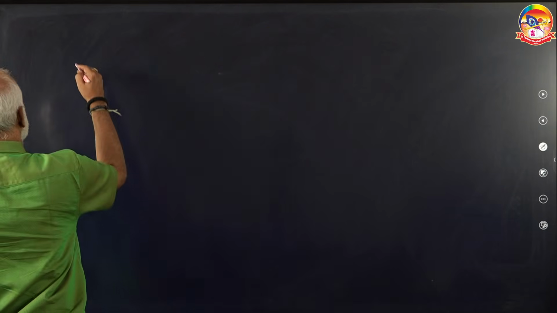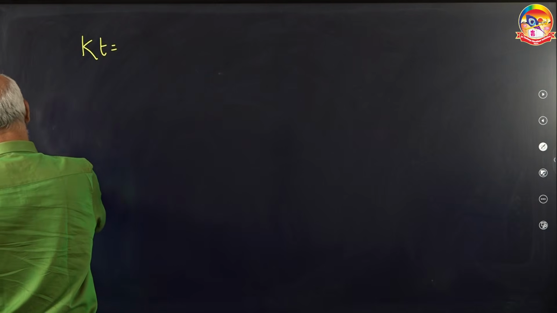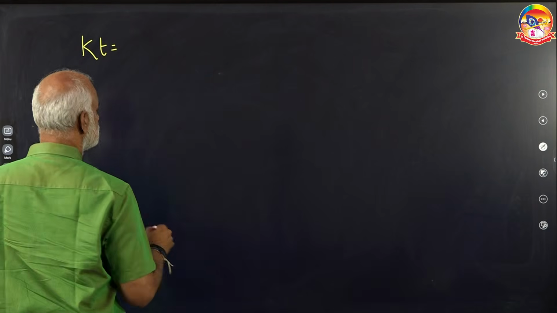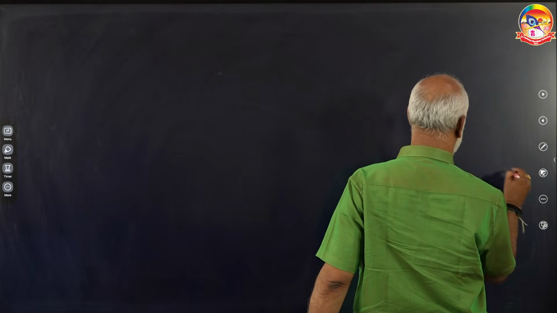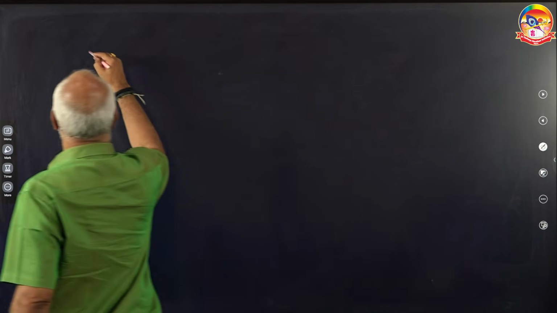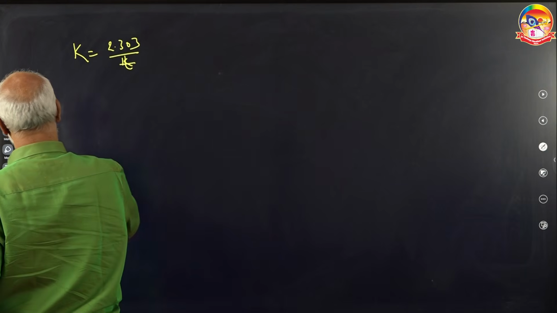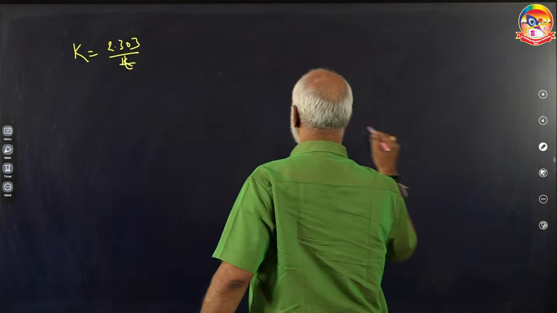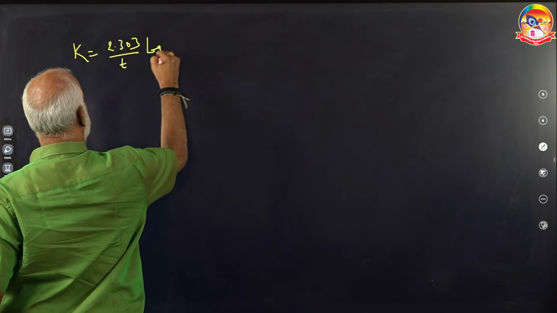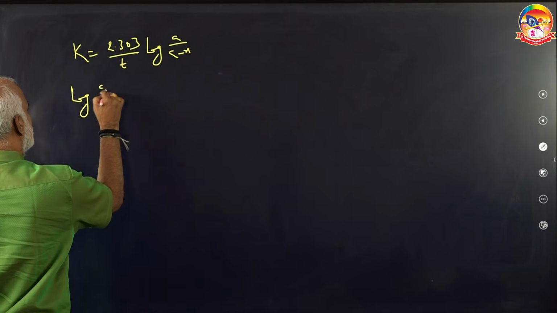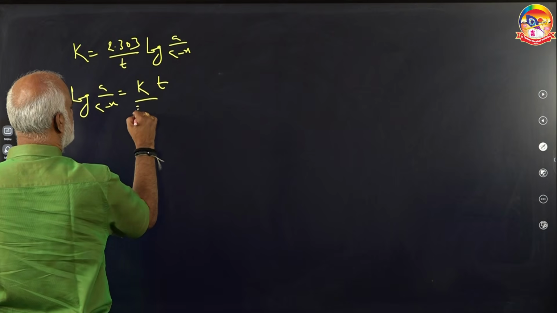graphical representations. If you see, kt is equal to 2.303 log a by (a minus x). Now, the logarithm of a by (a minus x) is equal to kt by 2.303.